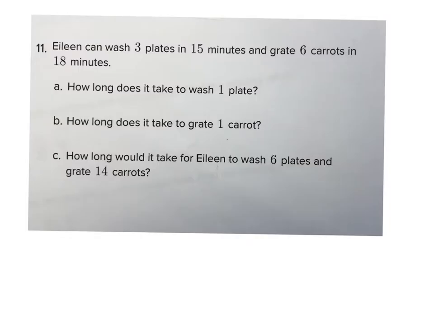Eileen can wash 3 plates in 15 minutes and 6 carrots in 18 minutes. So it's 2 totally separate things. How long does it take to wash 1 plate? 5 minutes. Yeah, it takes 5 minutes to wash 1 plate. How long does it take to grate 1 carrot? 3 minutes. How long would it take her to wash 6 plates and grate 14 carrots? It's going to take her 30 minutes for 6 plates, correct?